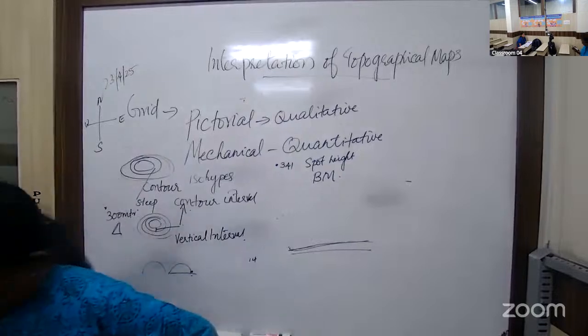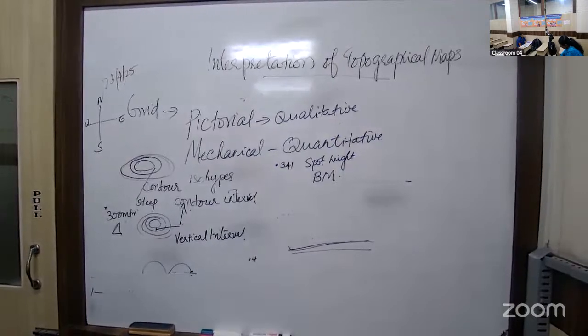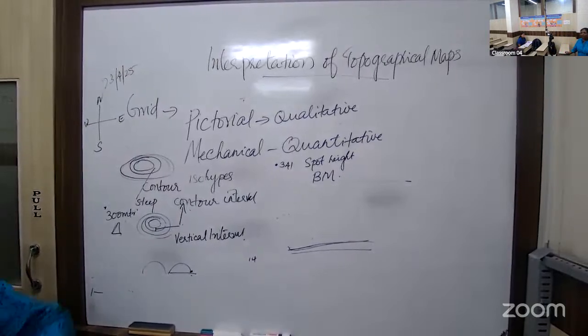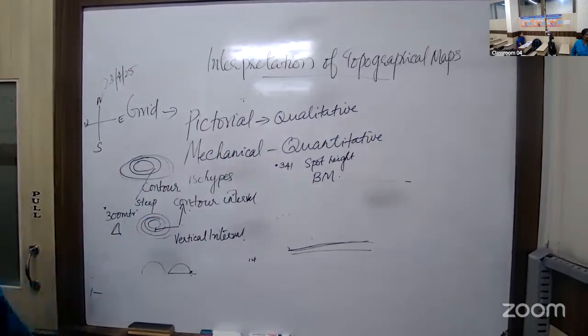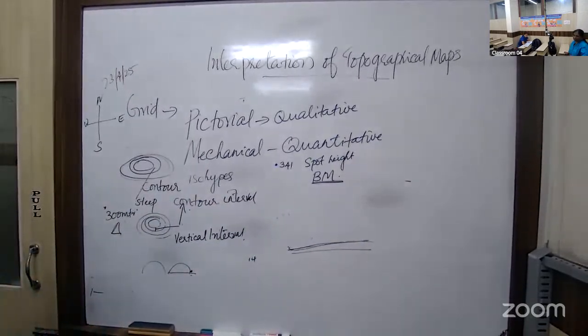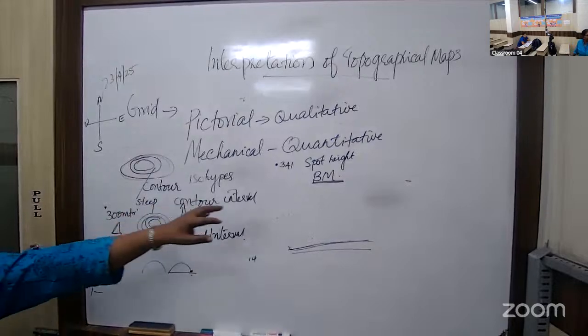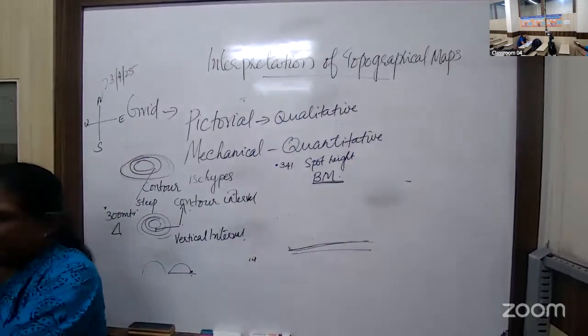Got it? Now benchmark. These are the marks on buildings or other permanent structures. These marks are shown by the letters BM along with the height. See, this is a mark given, an identification mark, given on permanent structures or buildings or like that. BM will be written before, like BM 580. So what is that? Benchmark. Benchmark means that is the mark of that building, an identification mark.